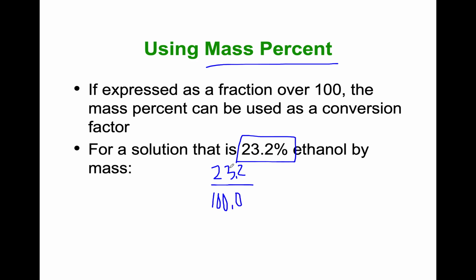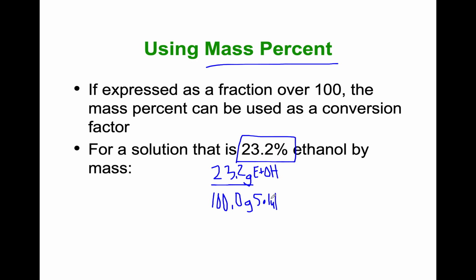But then let's double check, what are we talking about? For a solution that is 23.2% ethanol, so I'll write the abbreviation for ethanol on top. So that's 23.2, and we're talking about mass percent, so that means that's grams. That's mass. This is grams, 100 grams. And remember, on the bottom is the solution.